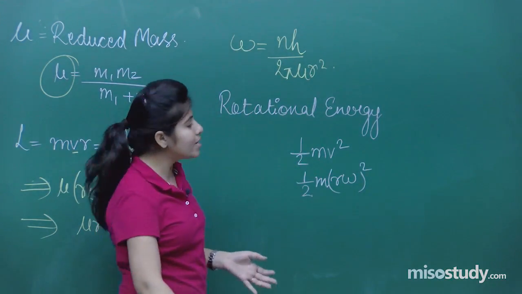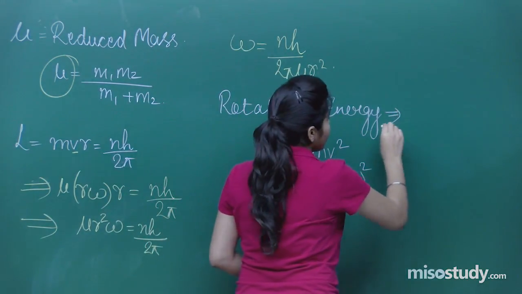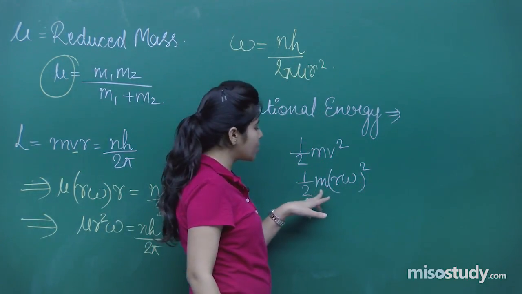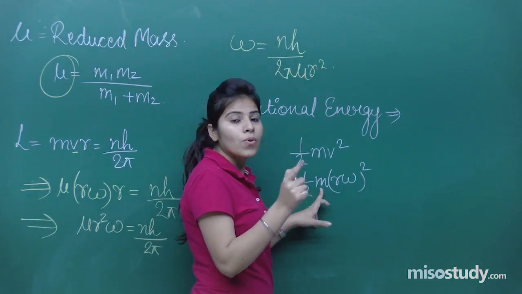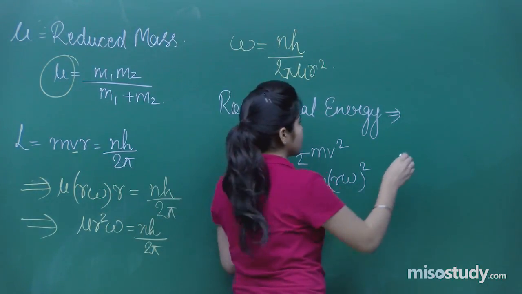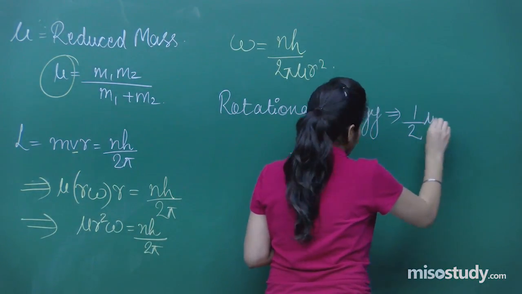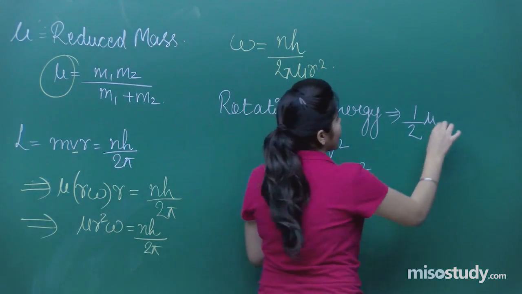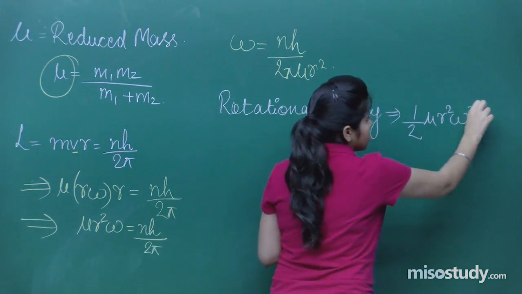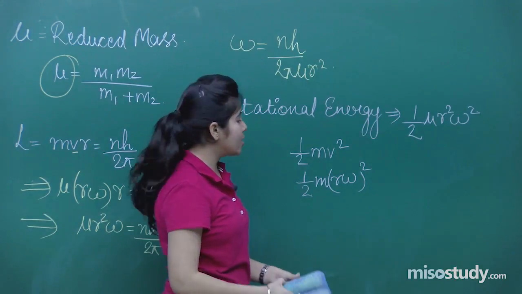So your rotational energy will be, in place of this mass we once again write the reduced mass, half mu r square omega square. This will be your rotational energy.